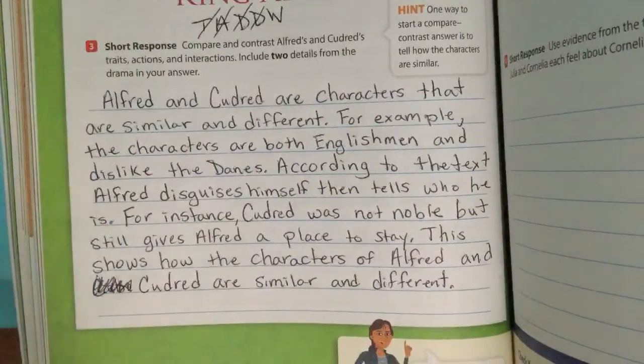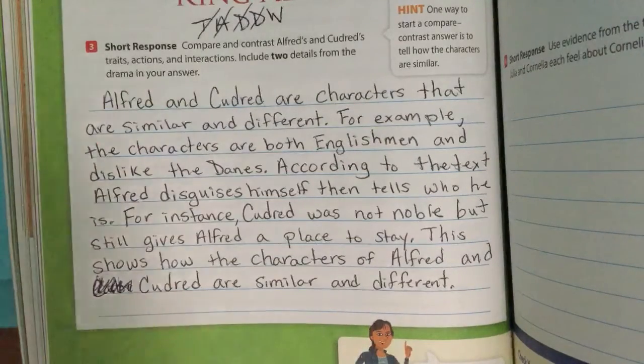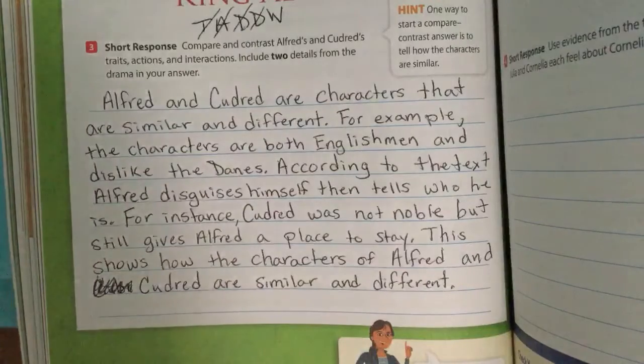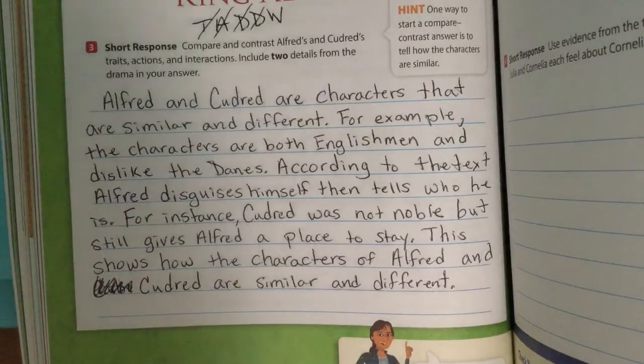Okay, so we turned our question around, even though it wasn't a real question. It was telling us what to do, but you can still turn it around. We answered it by giving our two details, and then we wrapped it up. Okay, now little guy says don't forget to check your writing. Means we should read it over, make sure we didn't forget anything or make any more mistakes. So Alfred and Codred are characters that are similar and different. For example, the characters are both Englishmen and dislike the Danes. According to the text, Alfred disguises himself, then tells who he is.